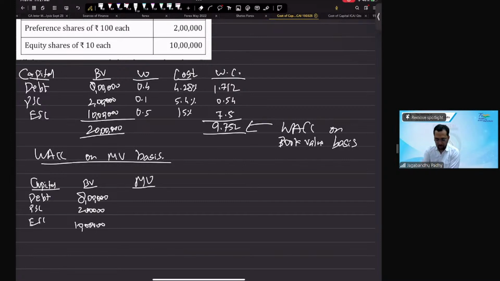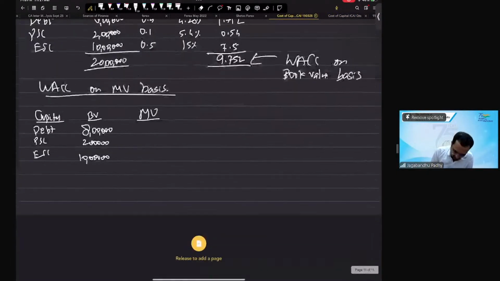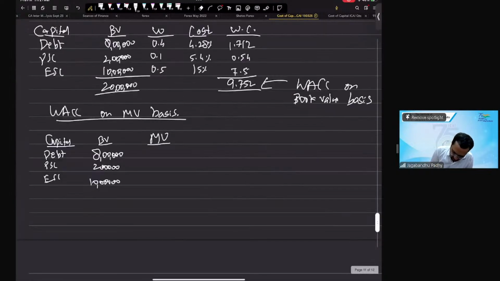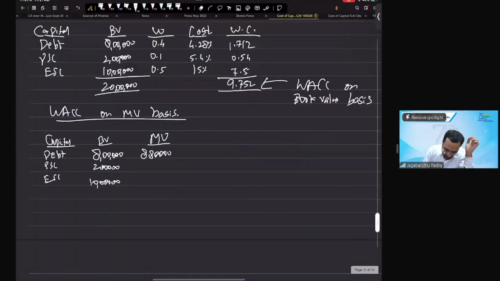What's the market value given in the question? Debentures are trading at 110. If debentures are trading at 110, the market value of debentures with a book value of 8 lakh will be 8 lakh 80,000. Then 10 rupee preference shares are trading at 120. So if it is 20, this should be 2 lakh 40,000.